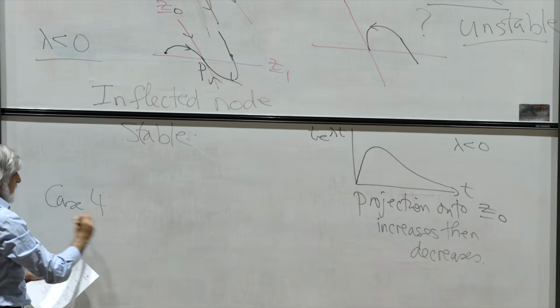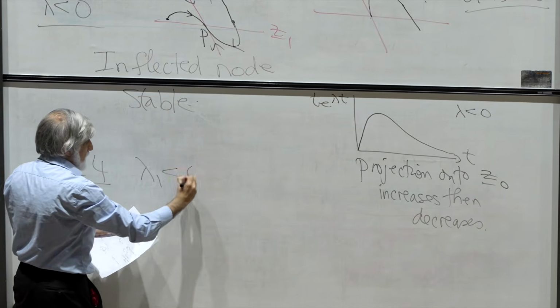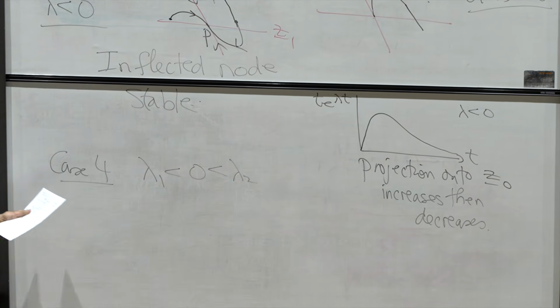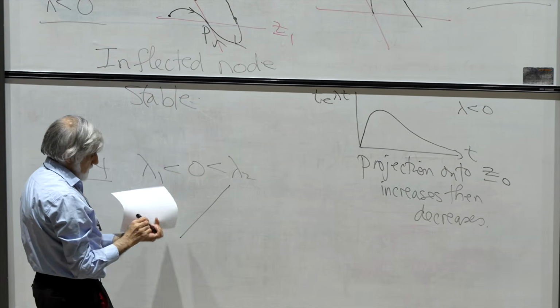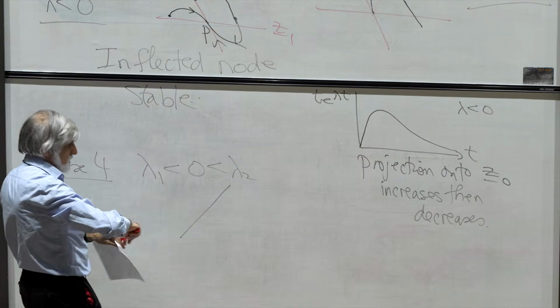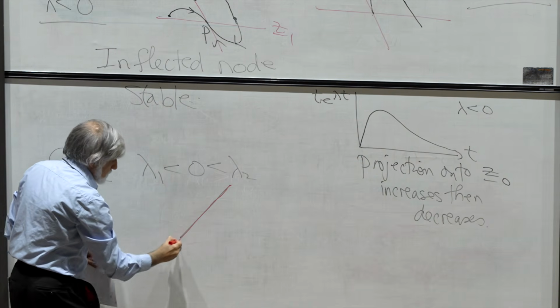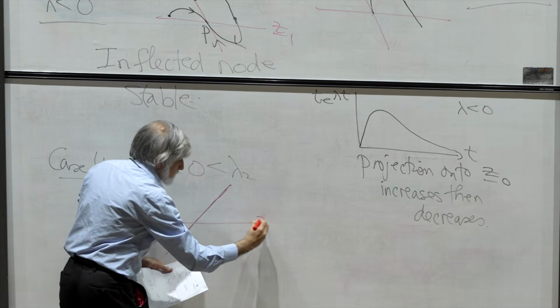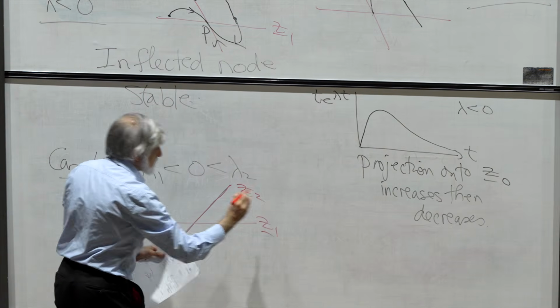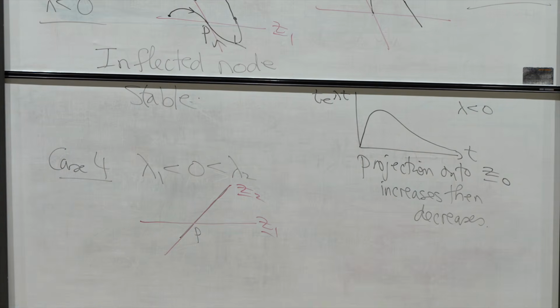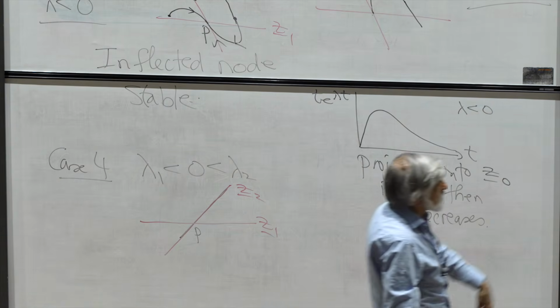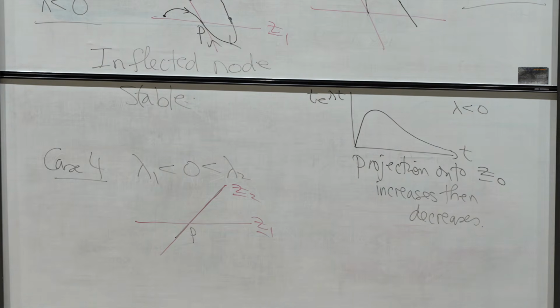What about the next case, lambda 1 less than 0, lambda 2 greater than 0? Then the usual thing. So now again, if we start off, now we go back up to here.